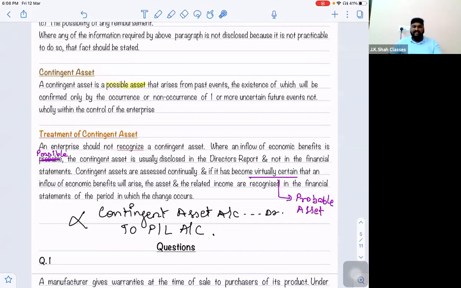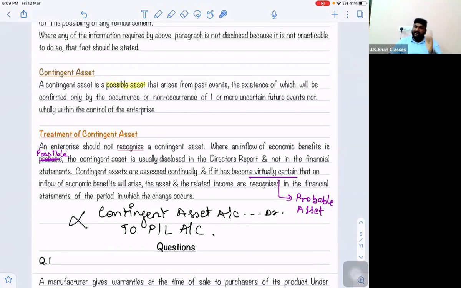You know, they say that if your contingent asset becomes a probable asset, meaning it is virtually certain that there will be an inflow of resources embodying economic benefits, then a contingent asset can be recorded in the books of accounts.